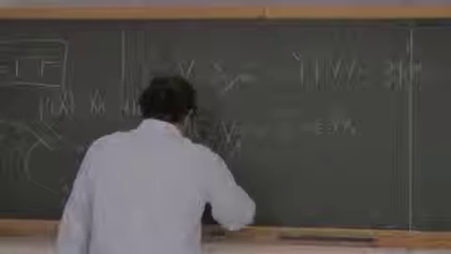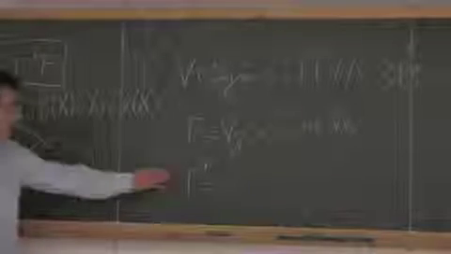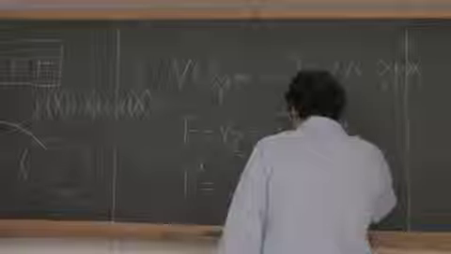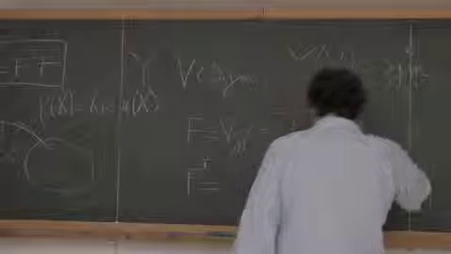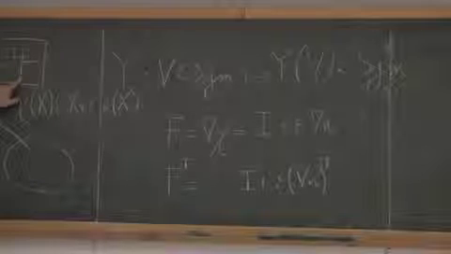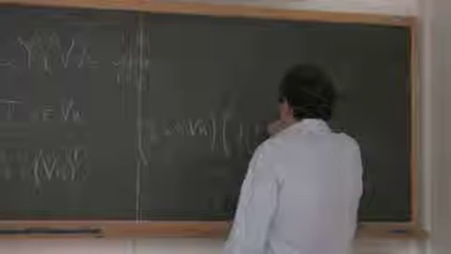This is exact. Then I want to calculate F transposed. F transposed is the identity plus epsilon grad U transposed. Then I calculate F transposed F. So what do I have? I have identity plus epsilon grad U times identity plus epsilon grad U transposed.